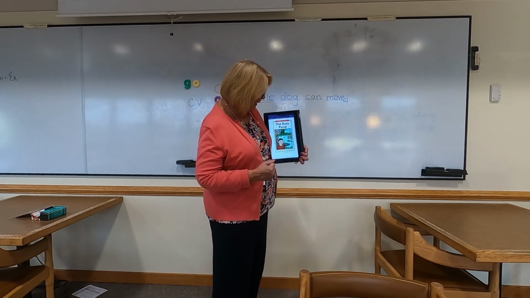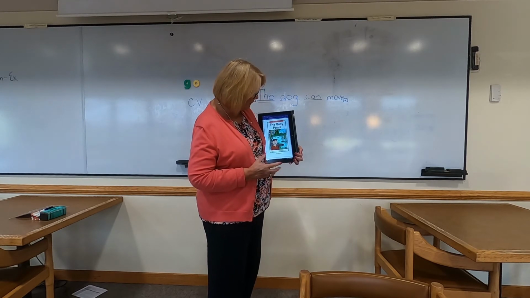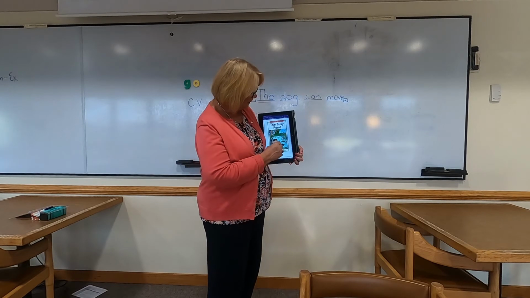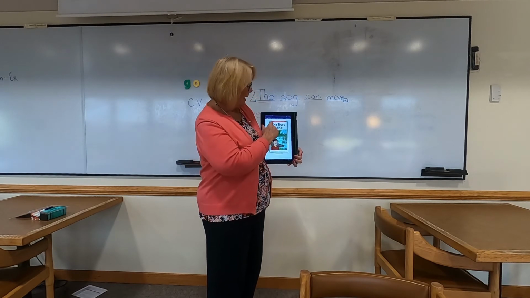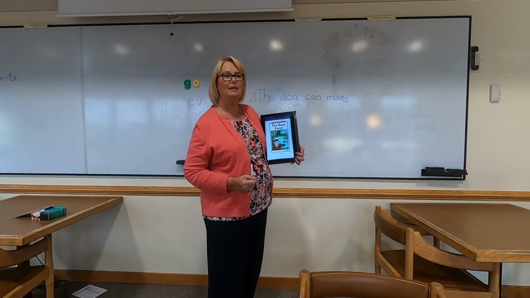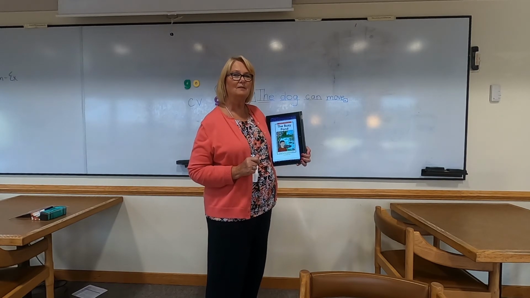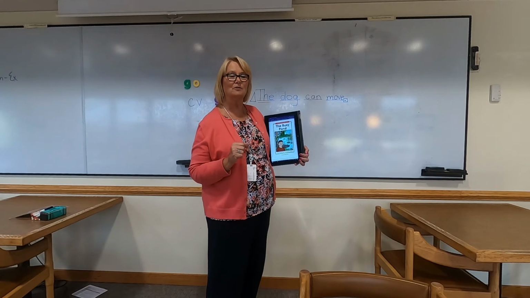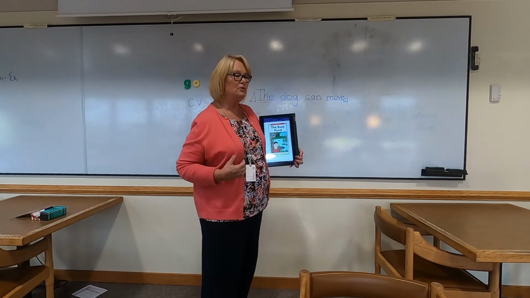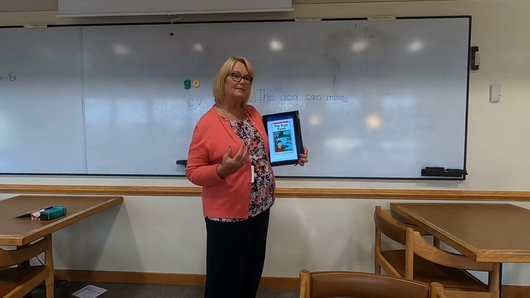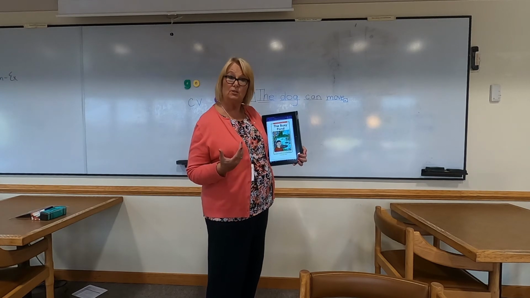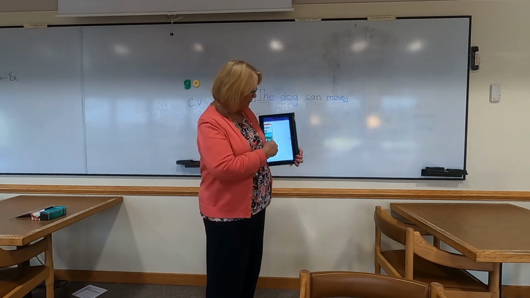It looks like there's a duck, and maybe a baby duck on the water. I see some plants, and it says the busy pond. I know that word busy means lots of things going on, so maybe this story is talking about all the things I might see on the pond. We'll just have to read to find out.